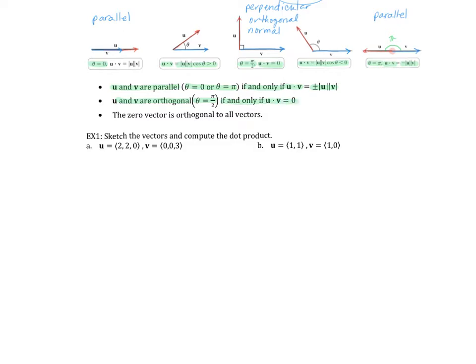And then we have a property that says the 0 vector is orthogonal to all vectors. That's because when you take the 0 vector and you dot it with any vector, it's equal to 0.